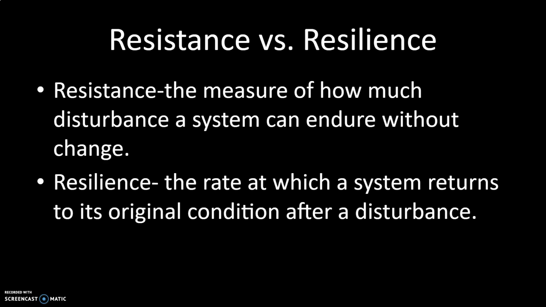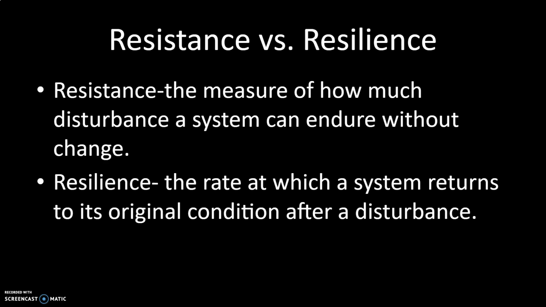So something that has high resistance means you can put negative consequences towards it. Think drought. And it takes it very well. It doesn't die off. Think of like a pasture or a garden, something you can visualize. It takes it very well. So high resistance, drought, it does fine.